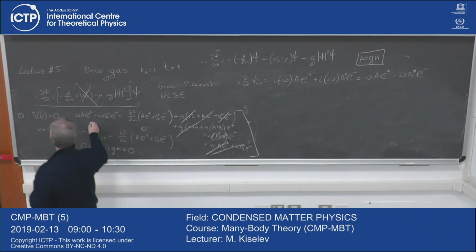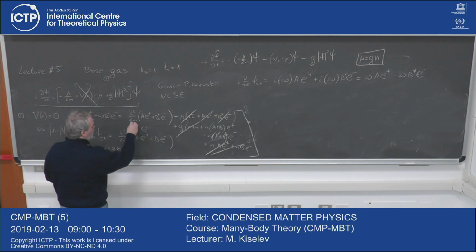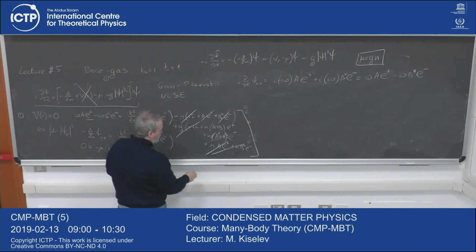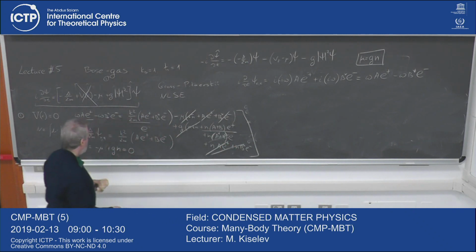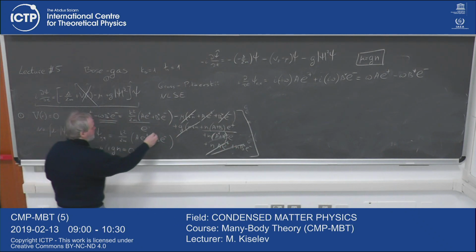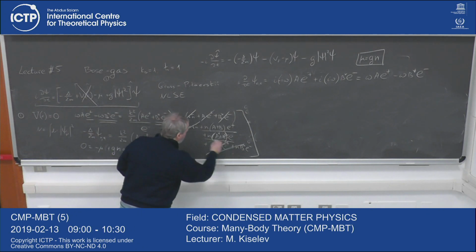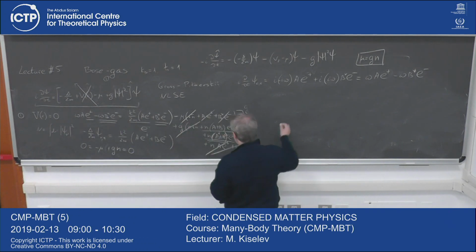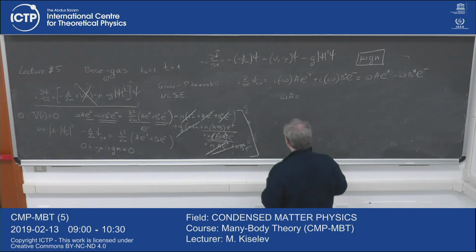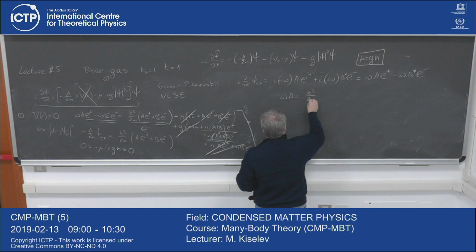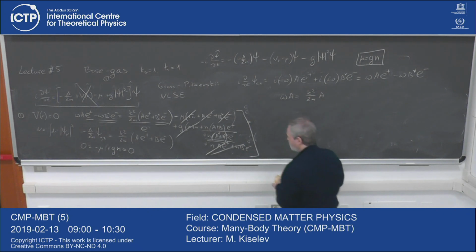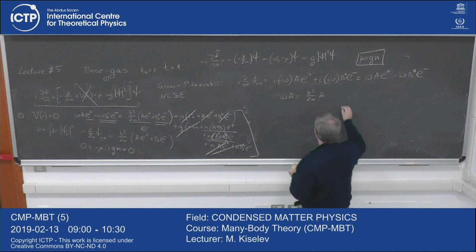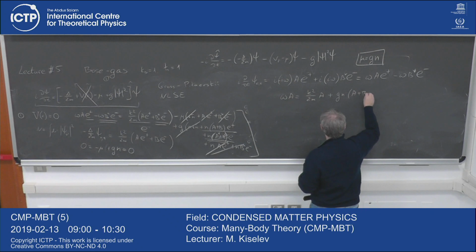Therefore, I will collect all terms in front of e plus. This is this term and this term, and all terms in front of e minus. This is this term and that term, and write it down as two equations. So omega a is equal to k squared over 2m a plus g n a plus b.